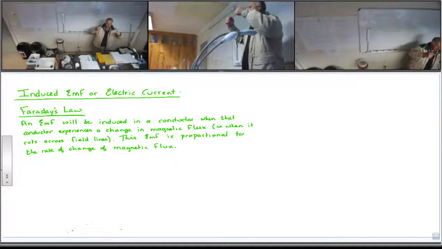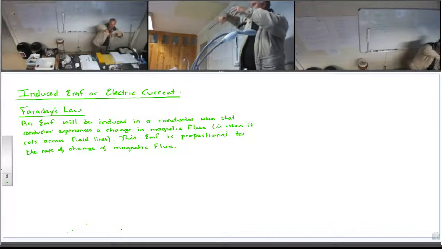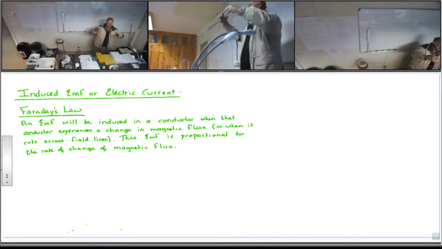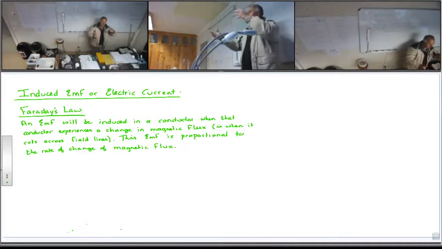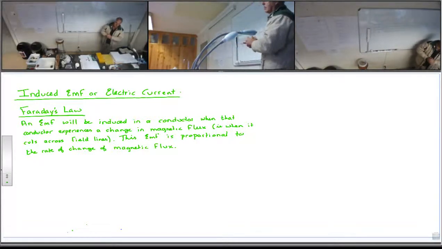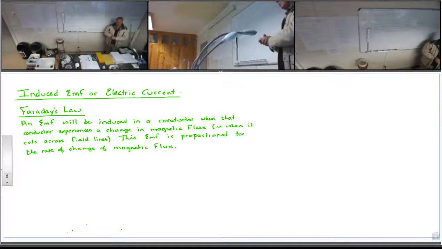So if your current flows in one direction, this is north, this is south, current's flowing through your coil that way. Your current turns the other way, this is north, this is south, so it all works out and your motor keeps turning in the same direction. That's how an AC motor works. Okay, did that answer your question? So AC motors are a lot more difficult to manufacture than a DC motor.